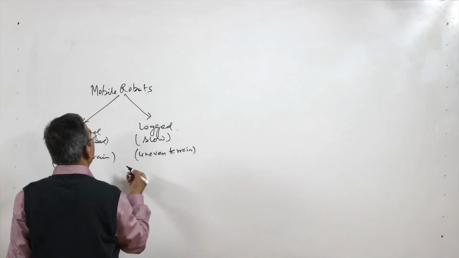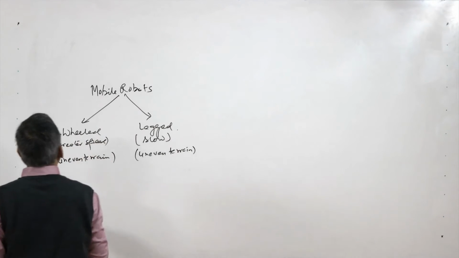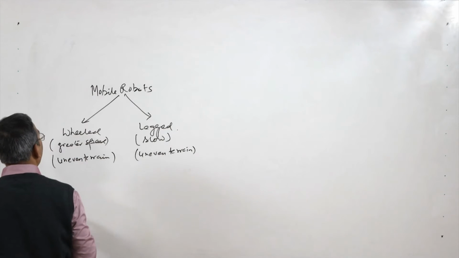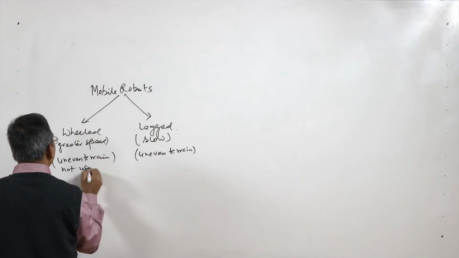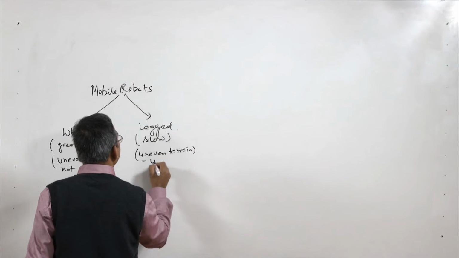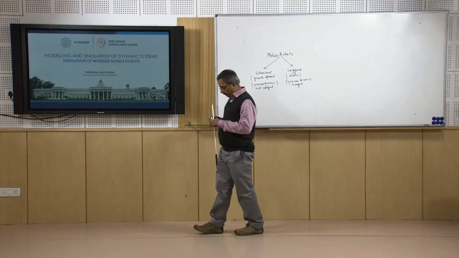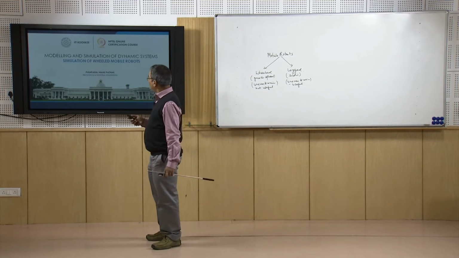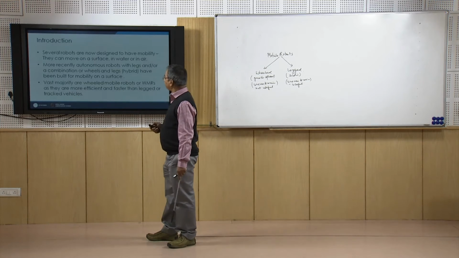So, these are the features of wheeled and the legged mobile robot. Fine. So, with this small background, let us see the wheeled mobile robots.